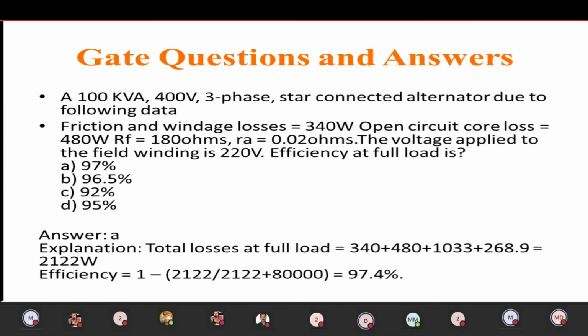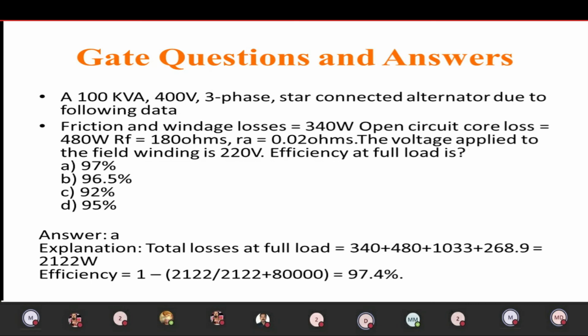So the answer is 97 percentage. Total losses at full load is equal to, we need to calculate all the losses. So 340 plus 480 plus 1033 plus 268.9, we get 2122 watt.